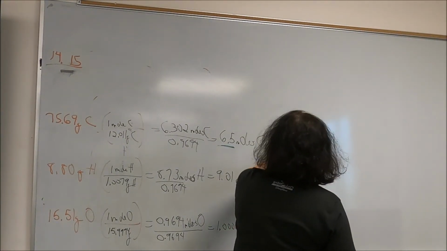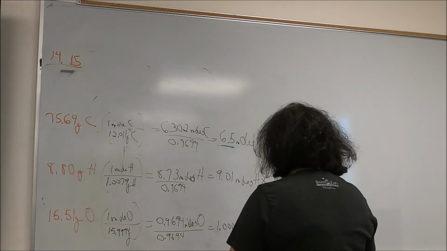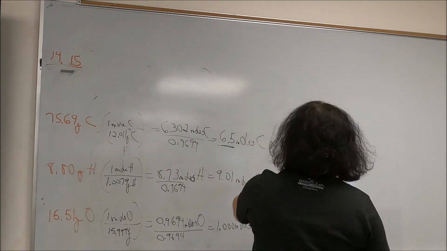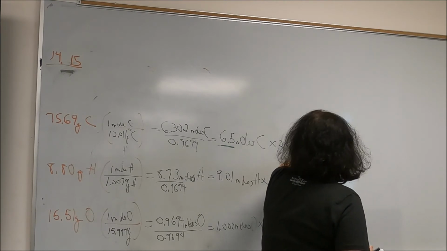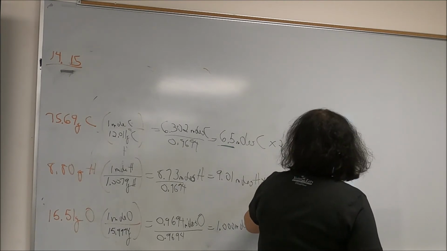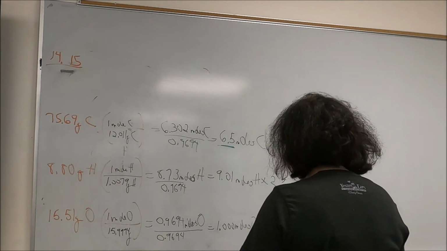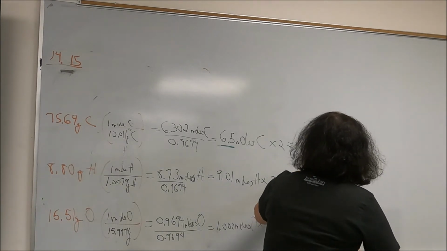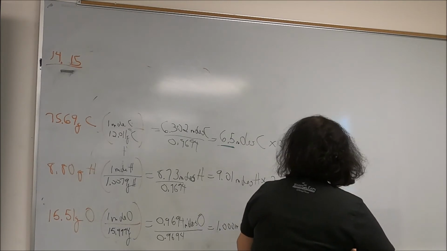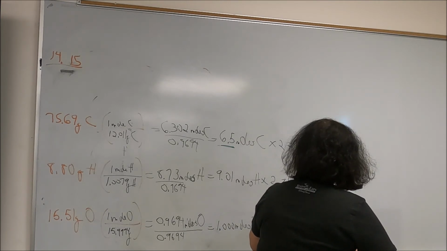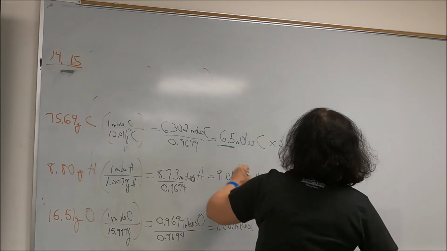So 6.5 times 2 gives me 13 moles of carbon, and 9 times 2 gives me 18 moles of hydrogen, and 1 times 2 gives me 2 moles of oxygen.